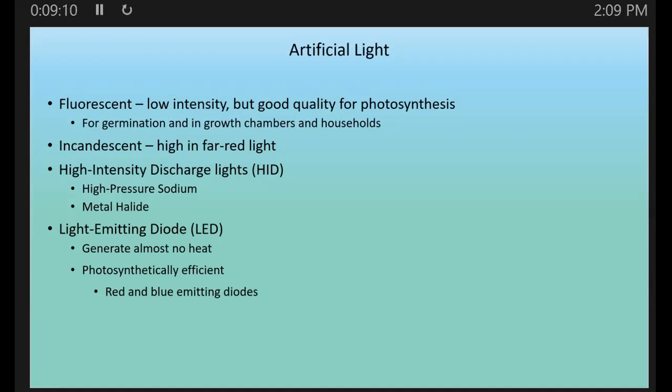So when LEDs came on the scene and they were able to very precisely give certain wavelengths of light to the plant, very deliberately, researchers really started to look at what happens if you hit a plant with this wavelength of light versus that wavelength of light.